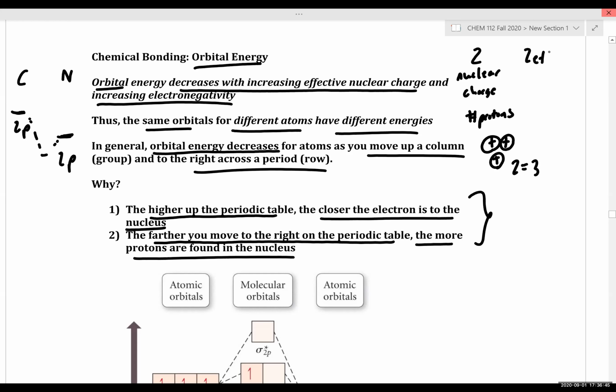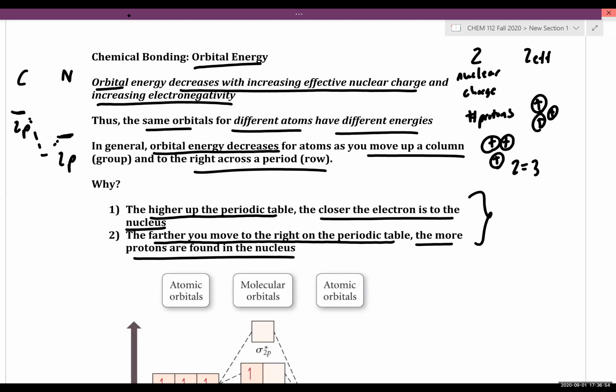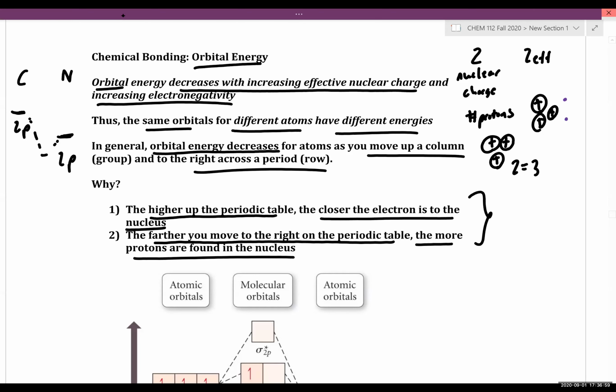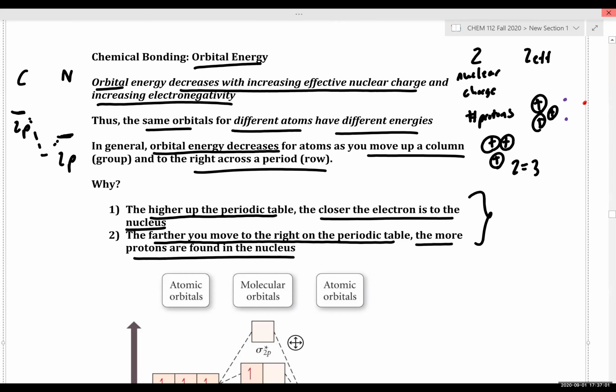Effective nuclear charge is a measure not just of the number of protons. If we look at our electrons, I'm drawing some inner shell and then our outer shell electrons, effective nuclear charge describes how this outer electron interacts with our nucleus, accounting for shielding effects, repulsive interactions with our inner shell electrons.